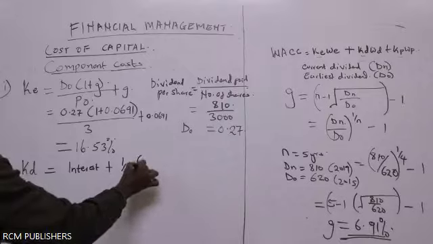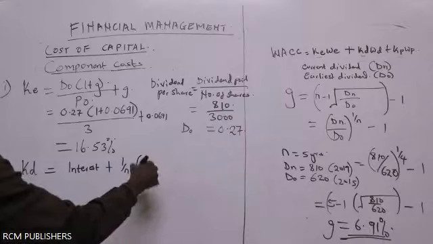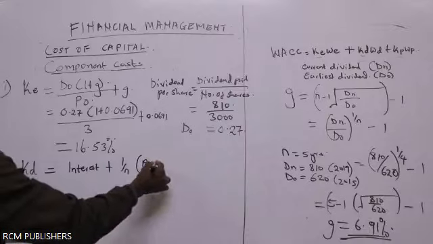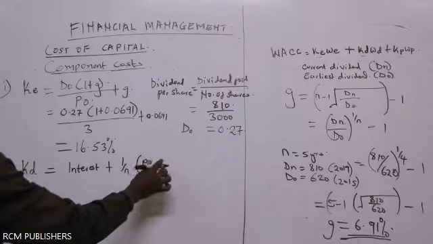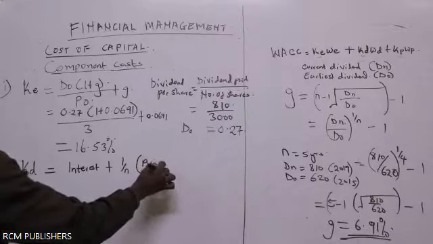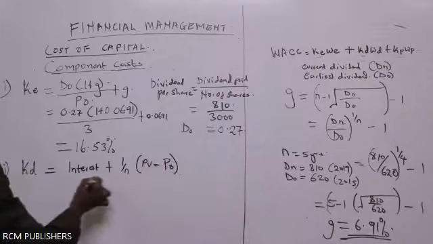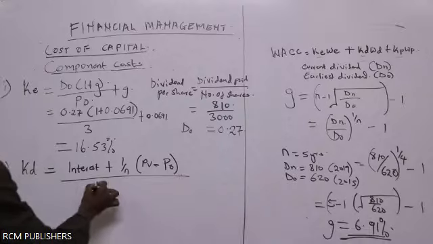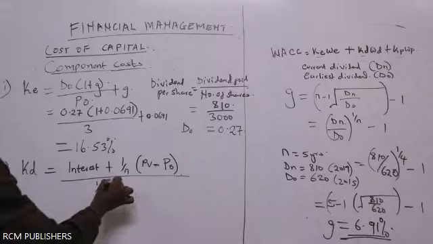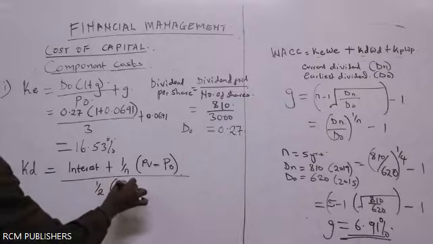Then this one you can multiply by either the market value or the par value, and then this one you divide by a half of these two. This is value.